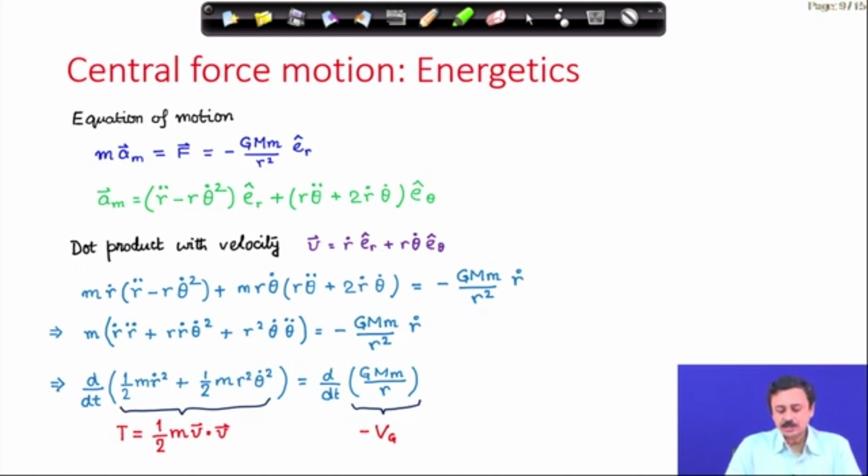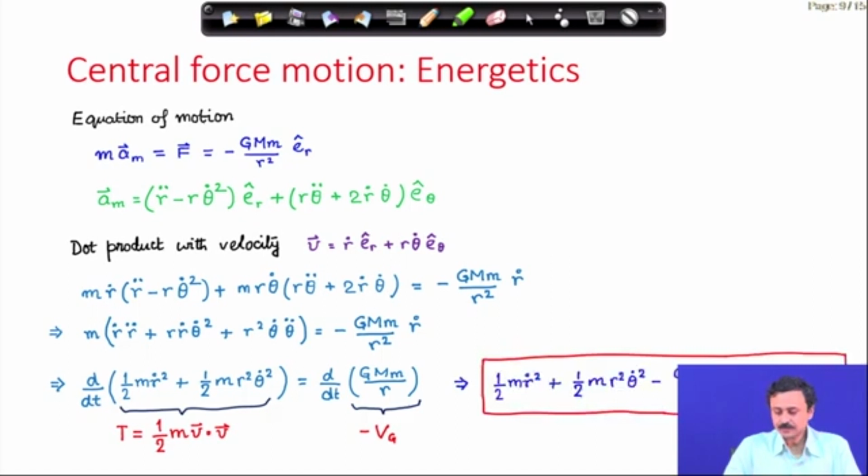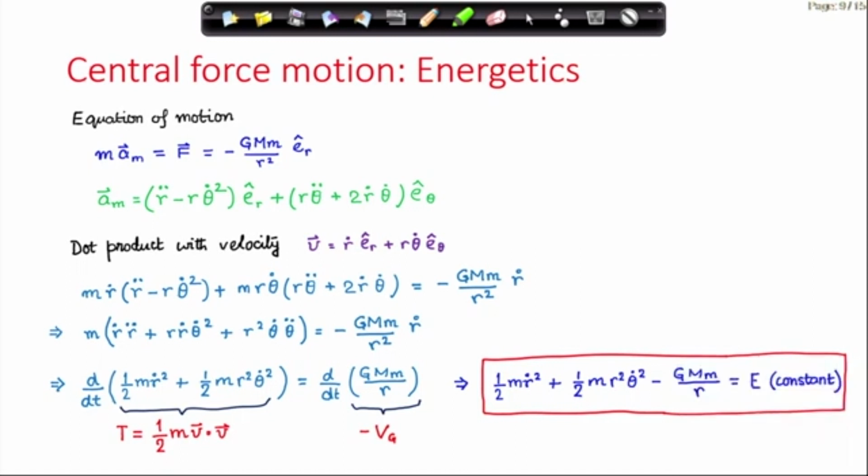Therefore, I can bring the right hand side to the left hand side and say that d dt of a certain quantity is equal to 0, which means that quantity cannot change in time, and that is the total mechanical energy of the system.